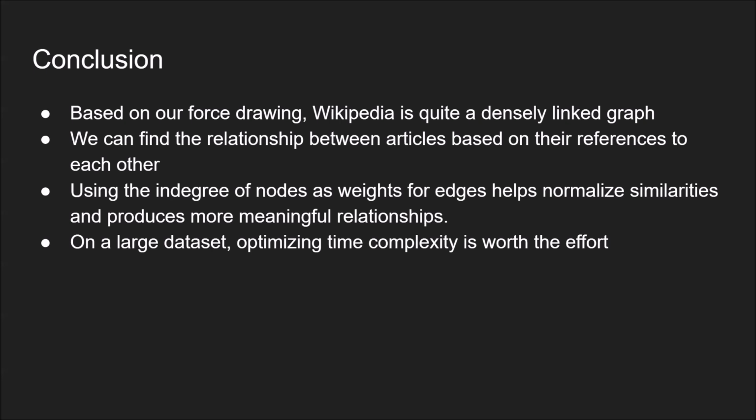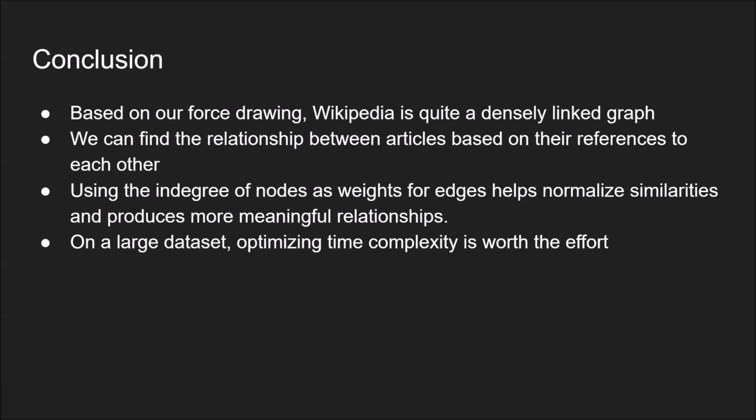So for our final conclusion, based on our shortest path algorithms and our force-based drawings, we first noticed that Wikipedia is a very densely linked graph, and there are a lot of edges between nodes. We found the issue of having articles which were highly referenced that were not giving us meaningful relationships, and we were able to solve this by using the integrate heuristic that produced more meaningful relationships between two nodes.